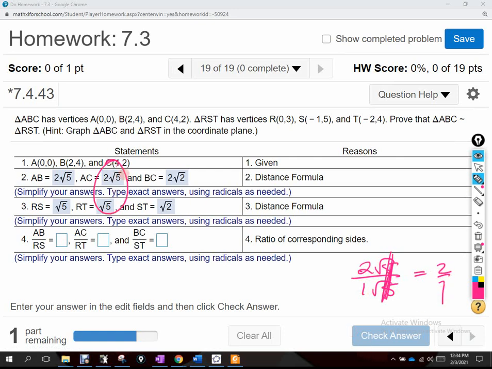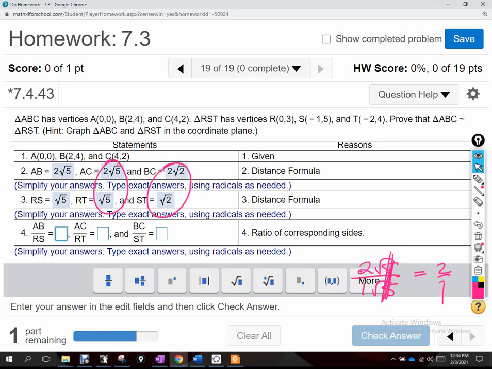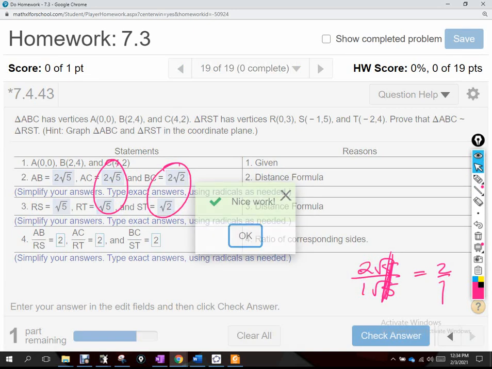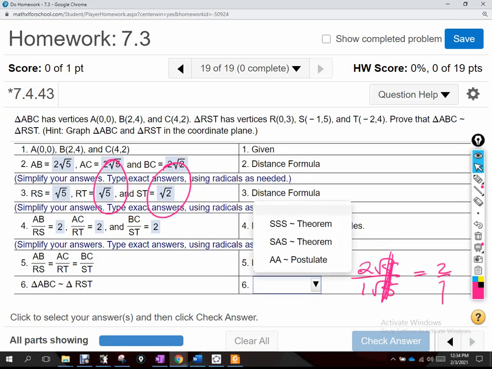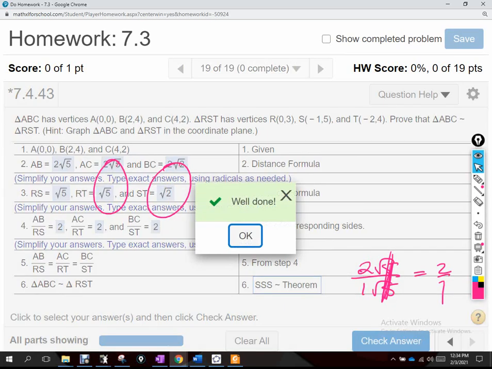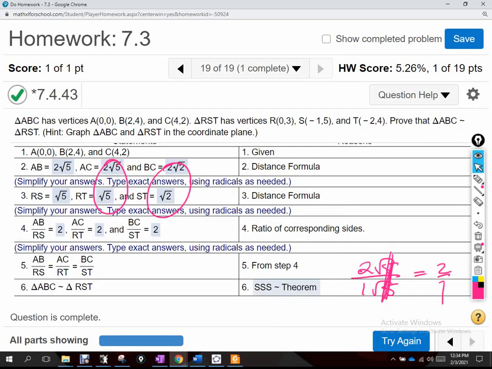Is that the same thing there? Is it the same thing there? So they all reduce to 2. And we're done. We could say that these would be similar by the side-side-side theorem. Okay, and we're done with that proof.